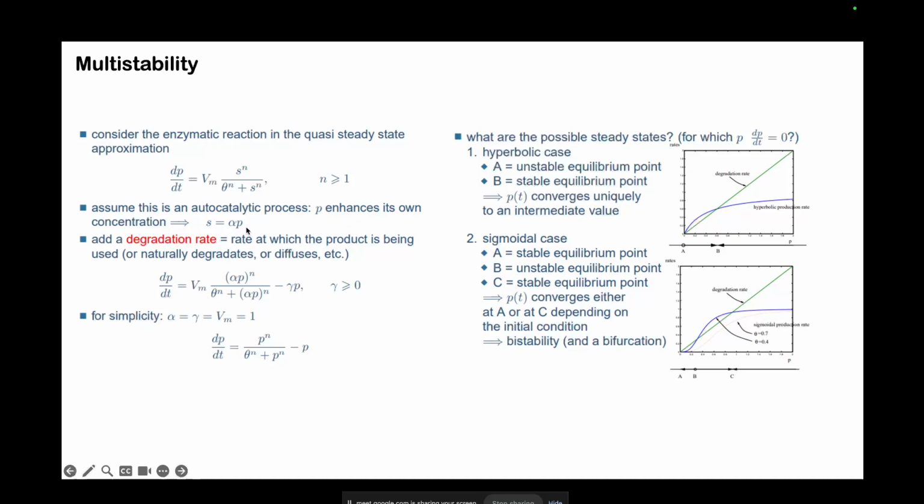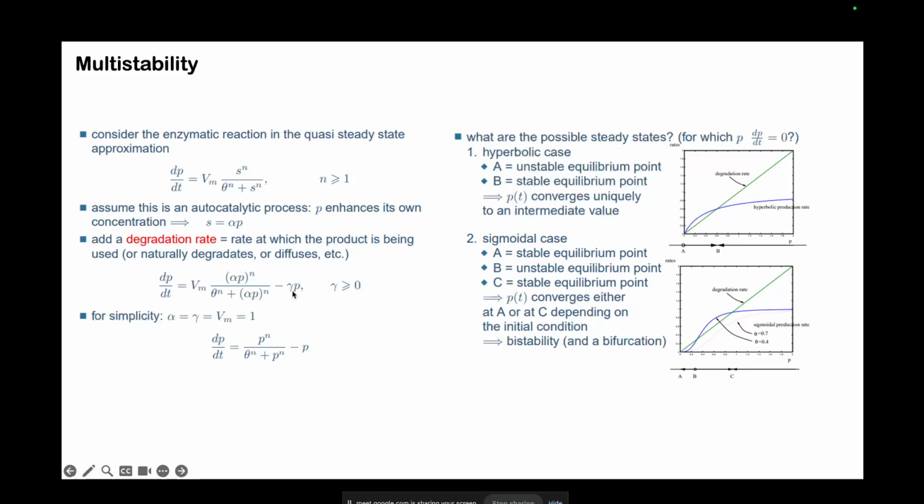So there is an accumulation of P inside the system. It is getting enhanced slowly, and it has a system to enhance its own concentration. And then you have a degradation rate as well, by which this particular product will be used up by other systems and metabolic pathways. So this is what the equation becomes.